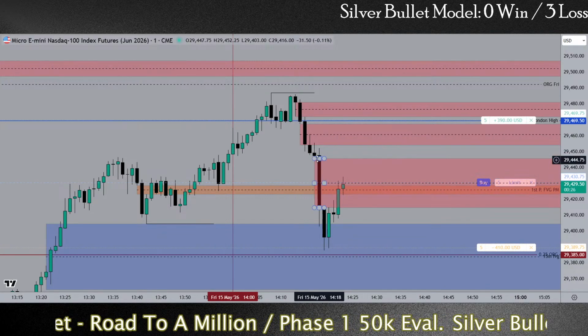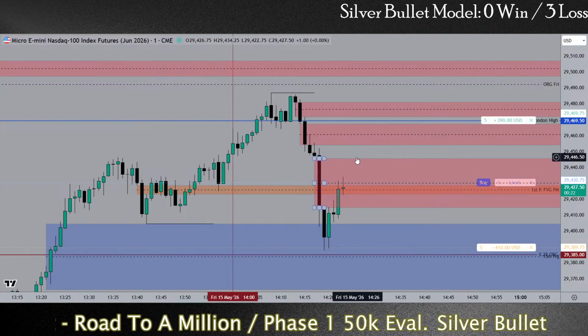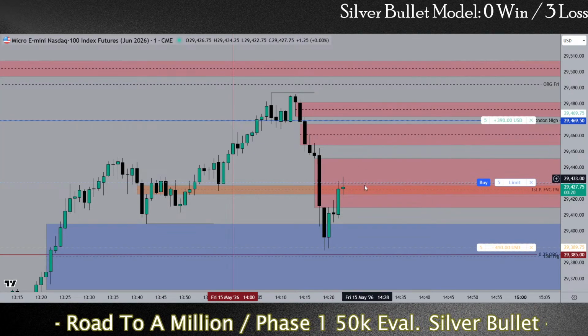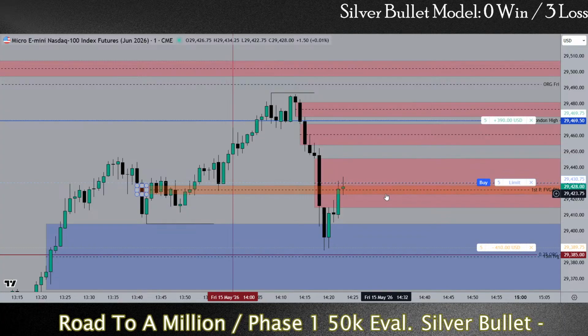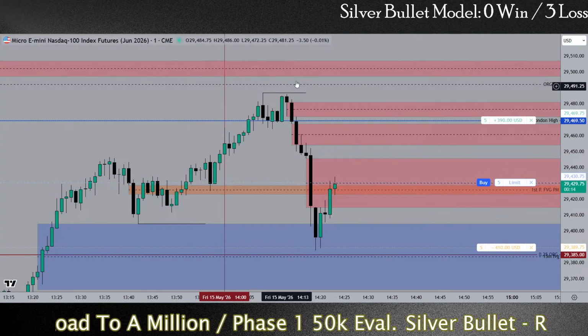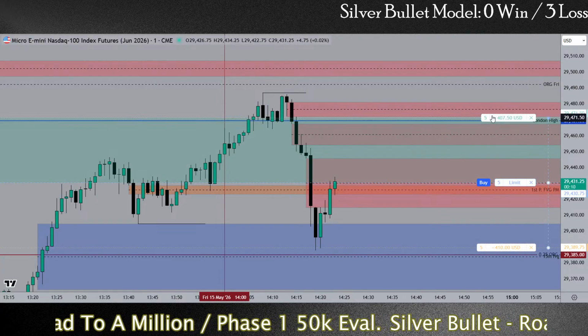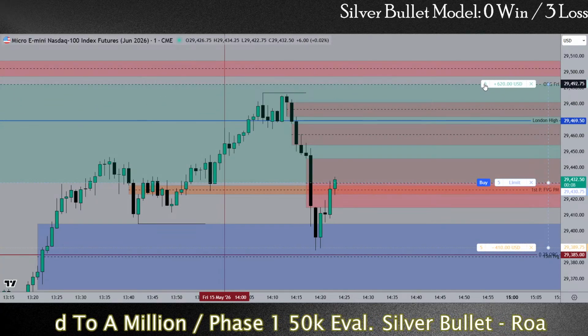All right, so right now I'm watching whether we can close above this large CB. If we can, and then find some support in the upper half of it, I'll be more prone to look for the longs to clear the relative equal highs and into the opening range gap consequent encroachment.